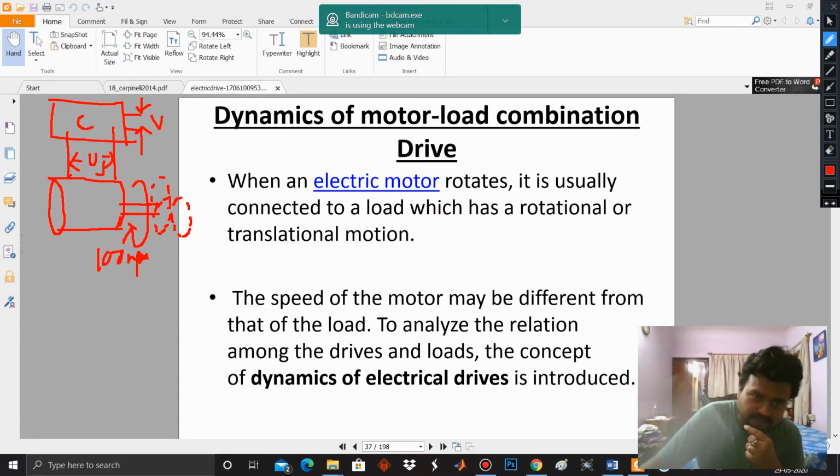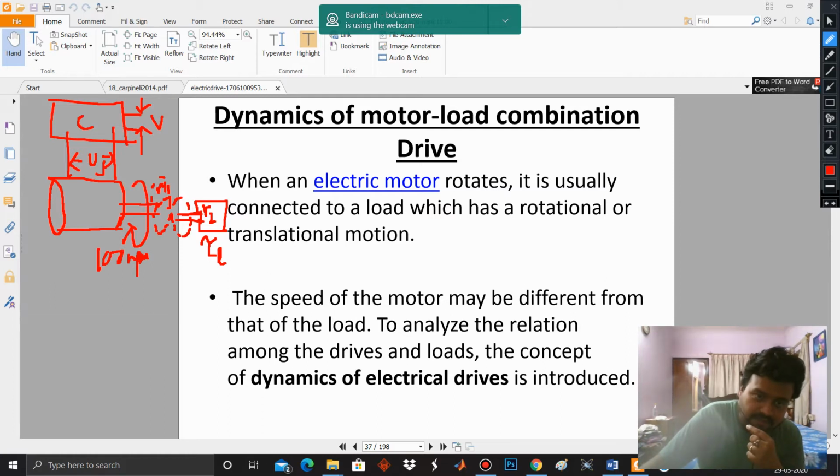Let us say that the radius of the first gear, which is directly coupled with the motor shaft, is R1, and the radius of the second gear is say R2. Now the load, which is tau L, is connected to R2. So the teeth are different.